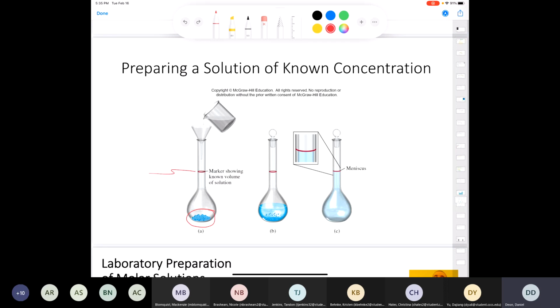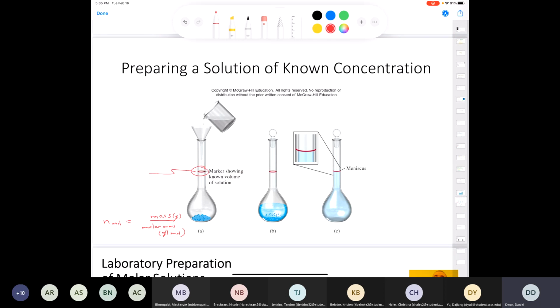Now, if you weighed out your solid and you knew the mass of that solid, you can take the mass in grams and divide it by the molar mass in grams per mole, and that will give you the number of moles, okay?